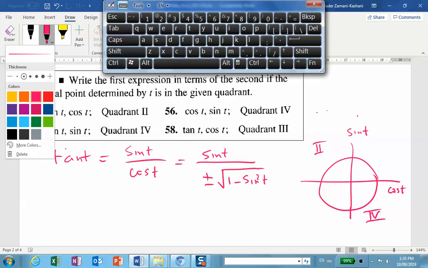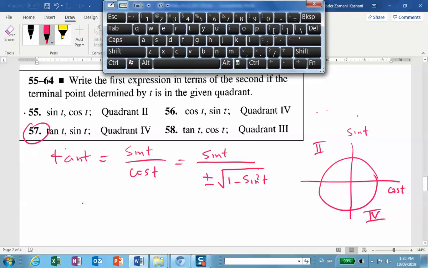Now in quadrant 4, the tangent must be positive, and sine is negative. Sine t is negative. And the tangent, which means this ratio must be positive, is positive. So the only way we can do that is this is negative already, so keep this negative sign.